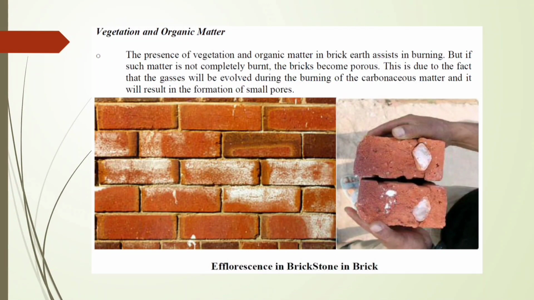The presence of vegetation and organic matter in brick earth helps in burning, but if such matter is not completely burnt, the bricks become porous. This is due to the fact that gases will be evolved during the burning of the carbonaceous matter, which will result in the formation of small holes.